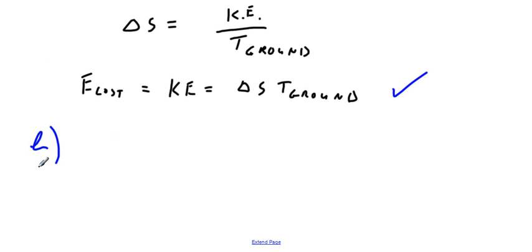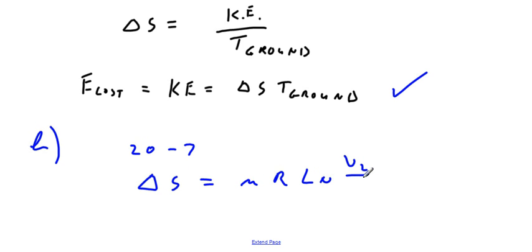B. A free adiabatic expansion of an ideal gas. Okay, so from equation 20-7, we have the change in entropy is going to be nR natural log volume 2 divided by volume 1.